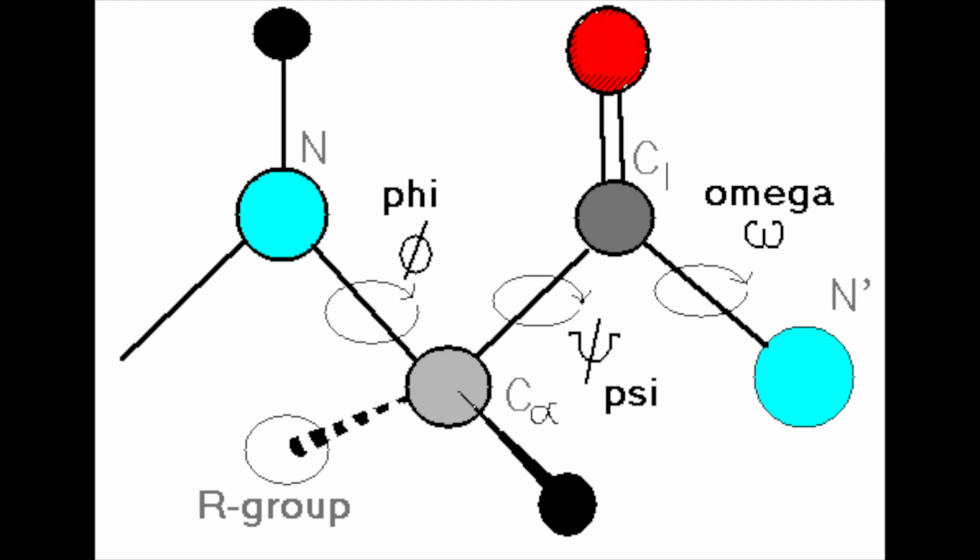The orientation of the alpha carbon with respect to the amine group can be notated as phi, and it can go from -180 to +180. The same thing with psi, but instead of the alpha carbon and amino group, it's the alpha carbon and the carboxyl group. So it's basically just a way of writing down what the angles are for every alpha carbon of every amino acid in the structure.